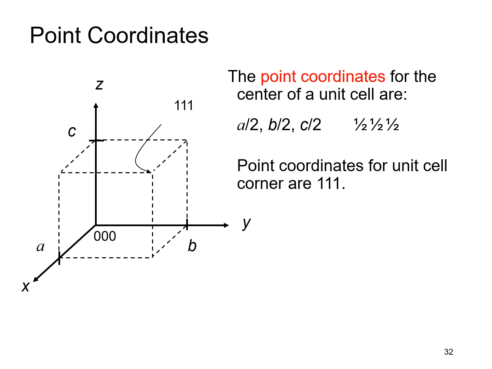Here I've shown a unit cell with edge length equal to 1, A, B, and C representing the edge length in each of the 3 different directions. And the point coordinates for any position in the cell correspond to the X, Y, and Z point values between 0 and 1. These can be scaled up or down to represent the crystal structure. Please review examples 3.5 and 3.6 in your text.